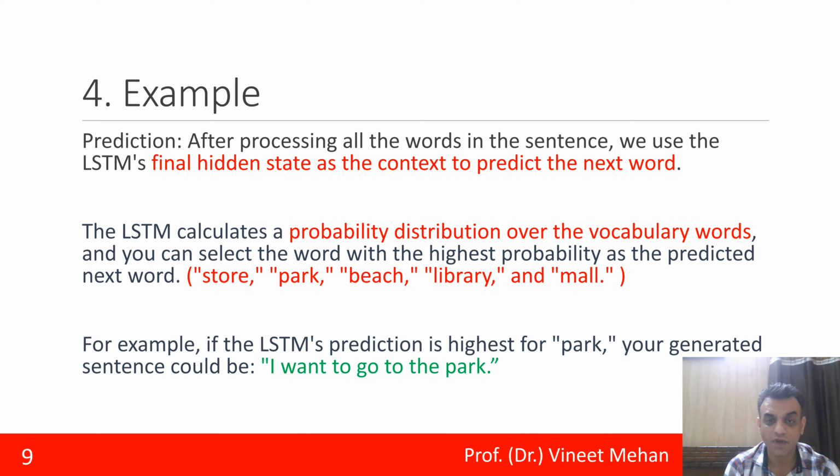So the output could be I want to go to park, I want to go to beach, I want to go to library, I want to go to mall. So such kind of words can be there, and the highest probability, let's say, comes out to be of park. So the next prediction could be "I want to go to the park." This is how LSTM predicts a given word in the sequence.